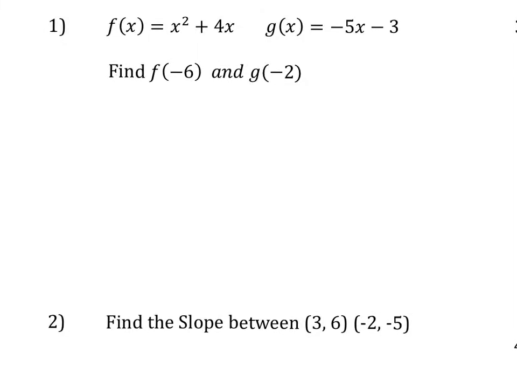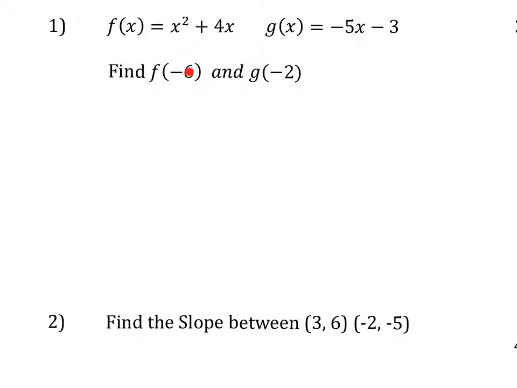Number 1 has f of x equals x squared plus 4x. G of x has negative 5x minus 3. And then it says find f of negative 6 and g of negative 2. So how function notation works is you have a name of the function here telling you which function to plug it into.